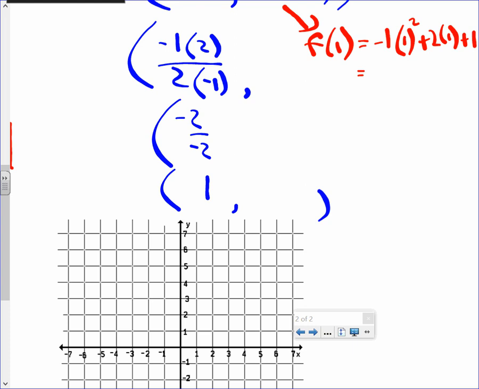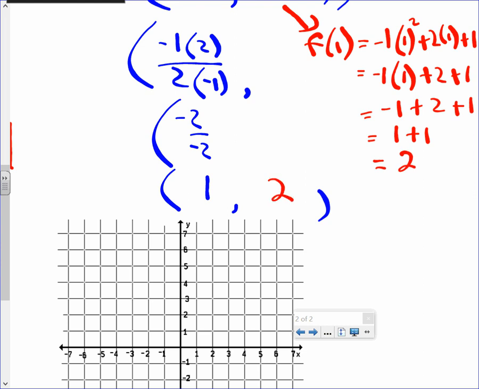Don't multiply before you do the exponent here. Negative 1 times, see, 1 times 1 is 1. Plus 2 plus 1. Negative 1 times 1 is negative 1 plus 2 plus 1. Negative 1 plus 2 is 1. 1 plus 1 is 2. Yay, we got our vertex. 1, 2 is our vertex.